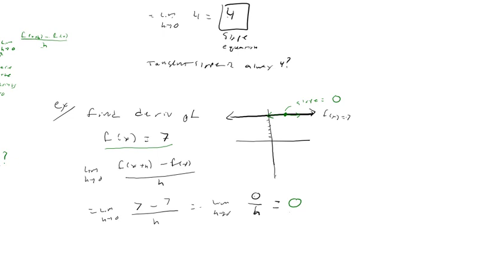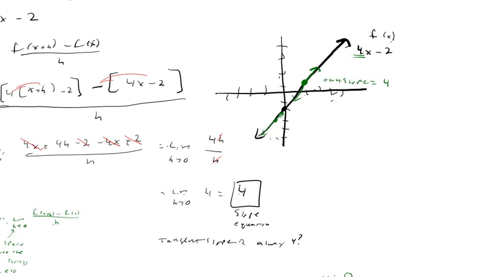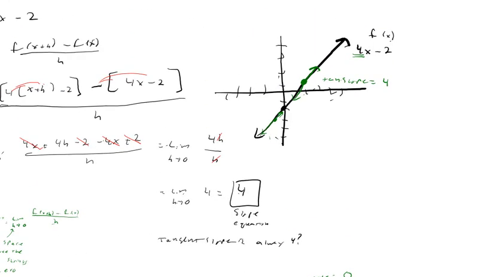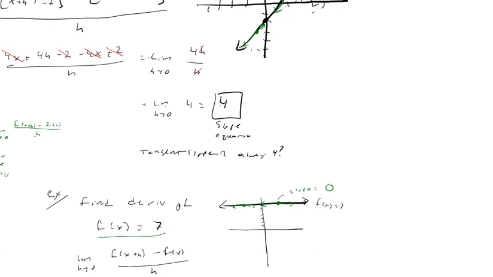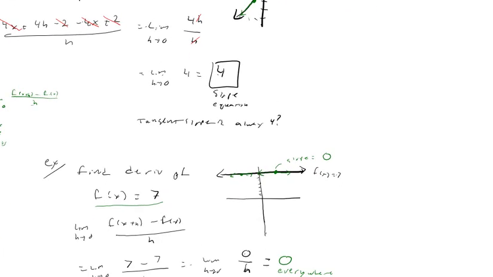Just like before, the slope of a flat line, the slope of just a constant number, is 0. The slope of my linear line is the 4, right? Because it's the same slope everywhere. Same thing here with a straight line. My slope is going to be 0. We solve the equation. We see it's going to be 7 minus 7. It's just 0 on the top. So my slope is 0.